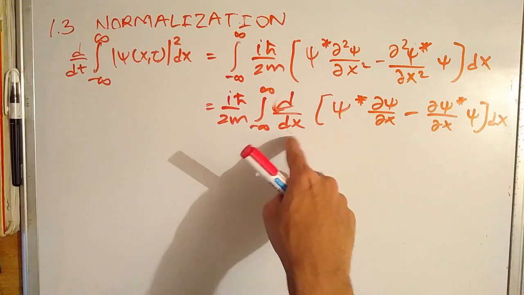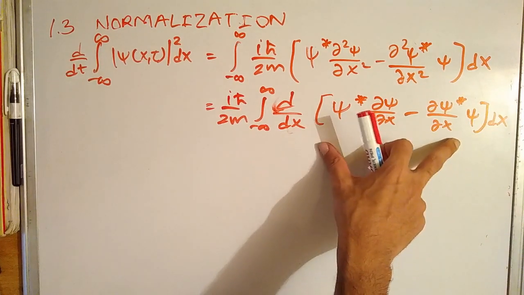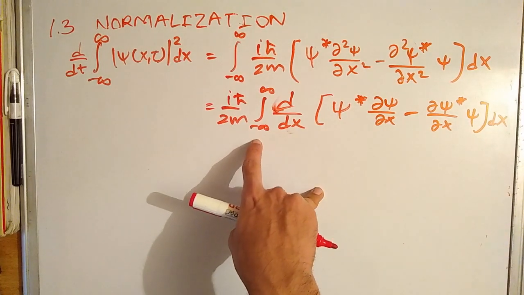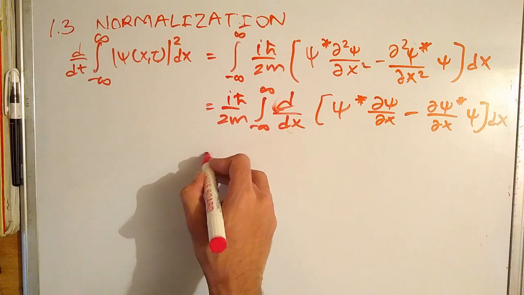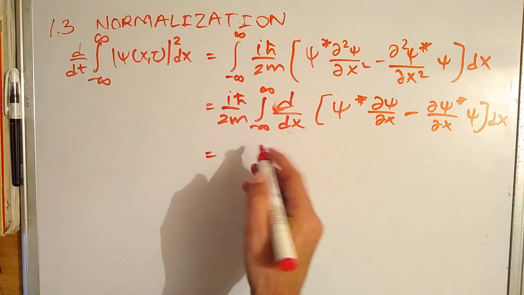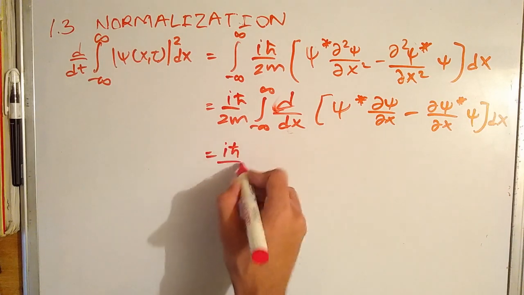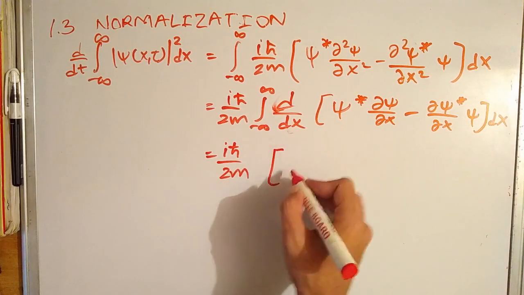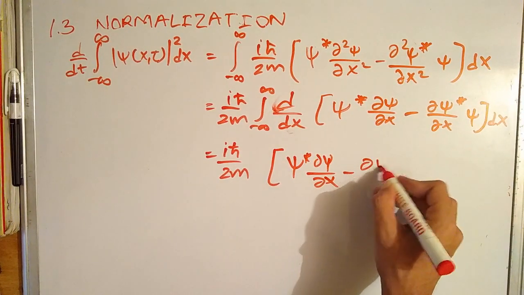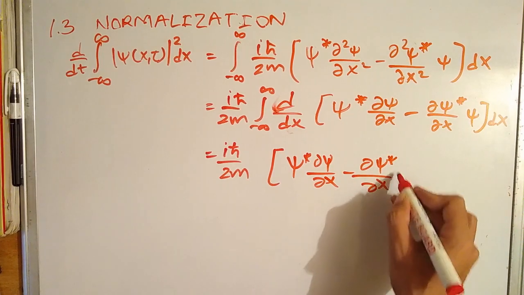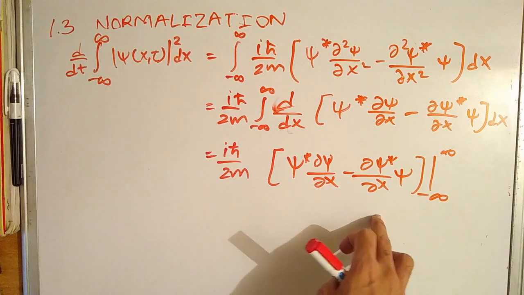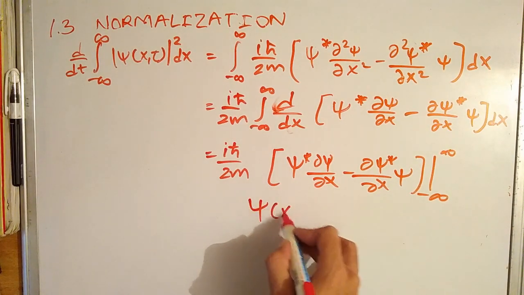You can check that if you take the derivative of this expression, you get this part. Now when we take the integration of a differential, we directly get the function itself with the given limits of the integration. So psi star dou psi by dou x minus dou psi star by dou x psi, from minus infinity to infinity, and this wave function is a function of x.